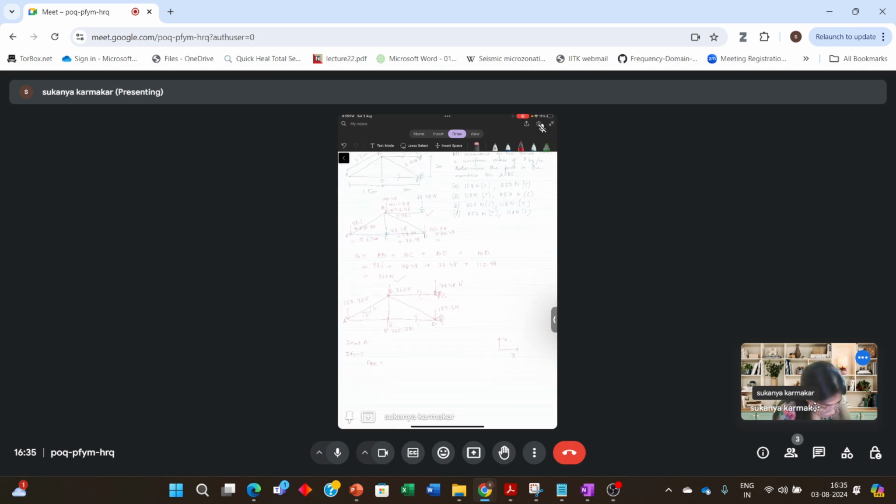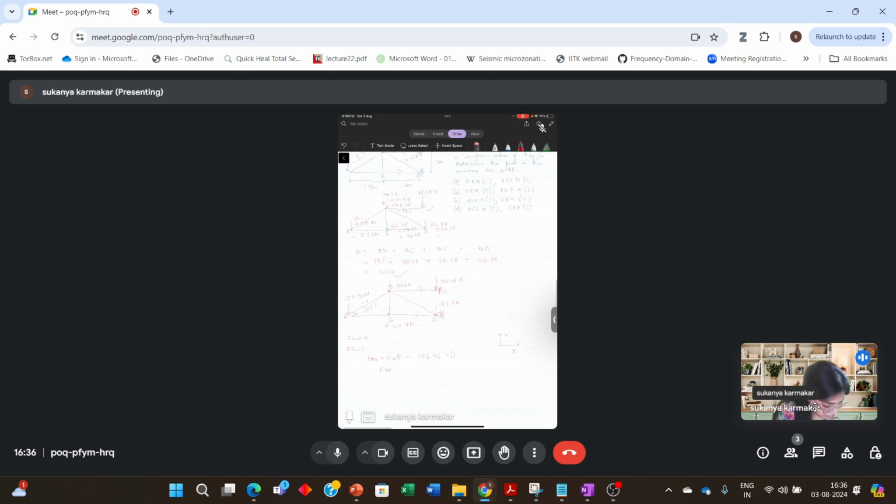So this into, let's consider this angle to be theta. So F_AB into sin theta minus 156.96 is equal to 0.